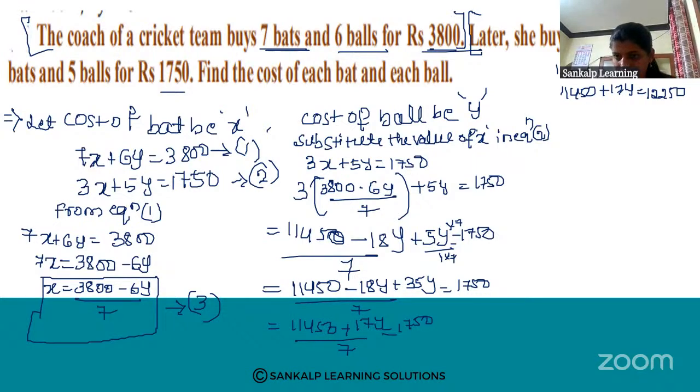So now transfer this 11450 to this side. 17y is equal to 12250 minus 11450. So if you subtract, you will get 800, that means 850.